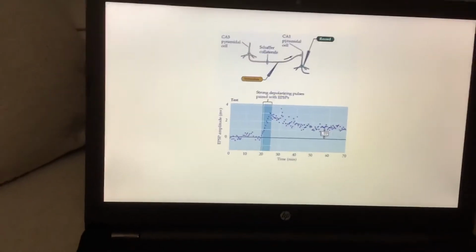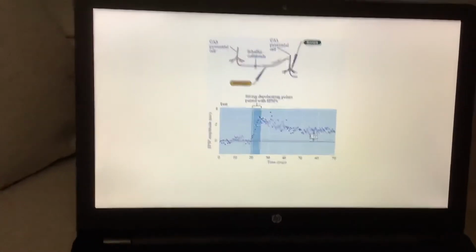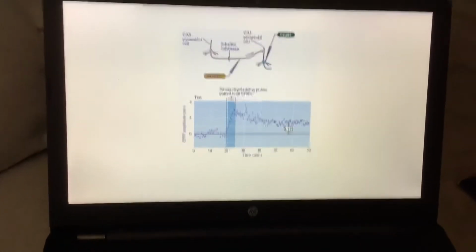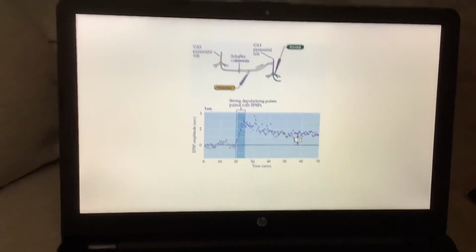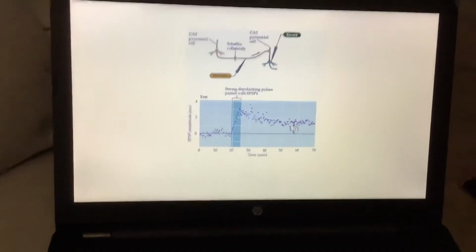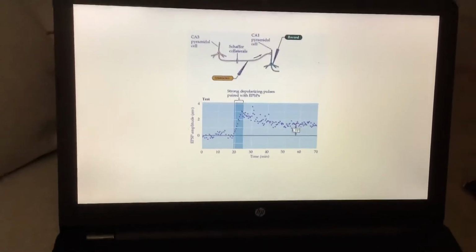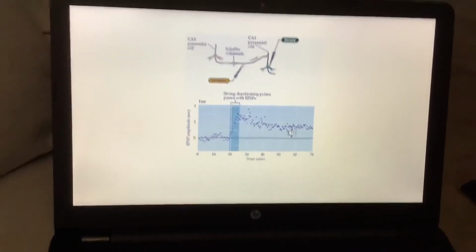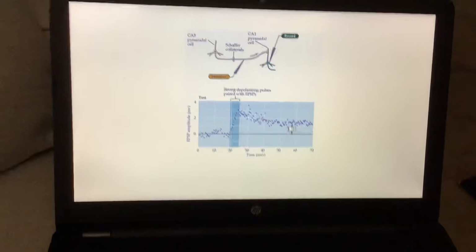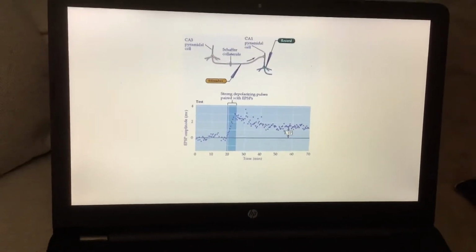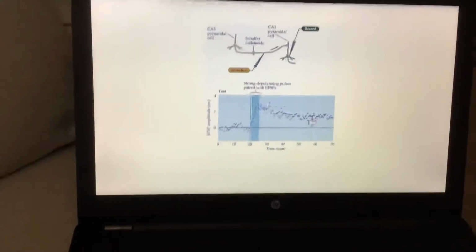So then we talk about the Hebbian synapse. It's a connection of presynaptic firing that correlates with the postsynaptic firing. The stages include cooperativity, associativity, and specificity.